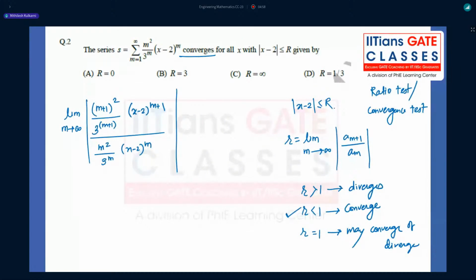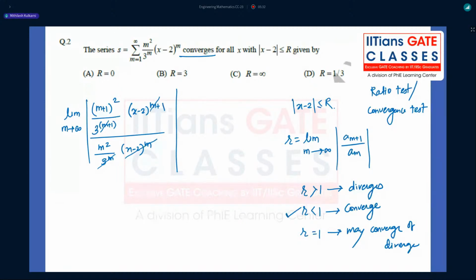And now we will cancel out the terms here. We can cancel 3 raised to the power m and 3 raised to the power m+1. Only 3 will remain there. Similarly, (x minus 2) raised to the power m we can cancel out, and x minus 2 will still remain in the numerator, with the limit m tends to infinity.